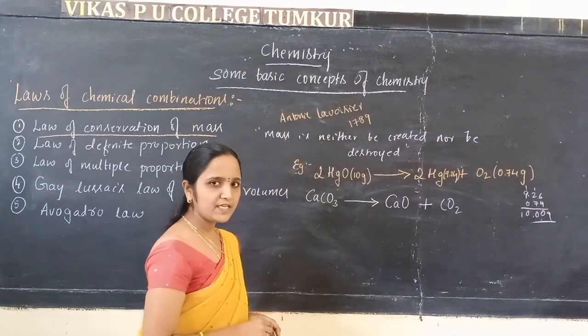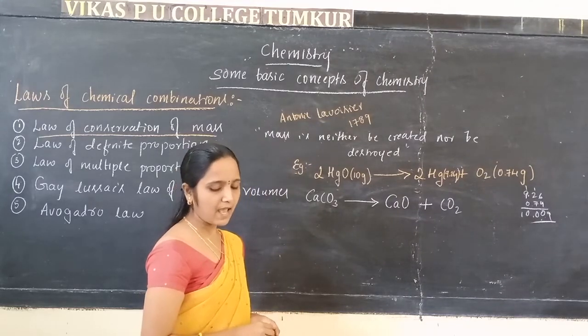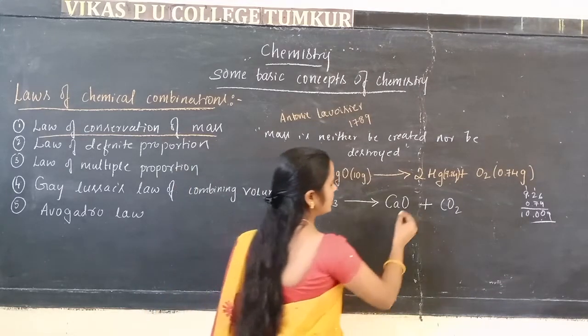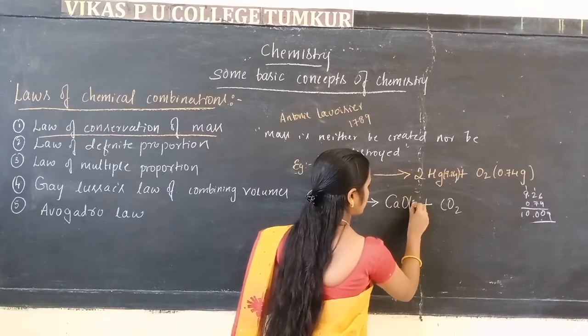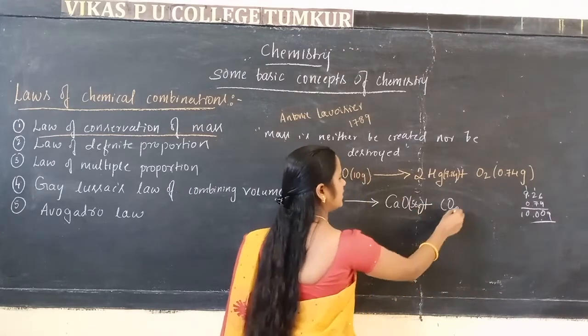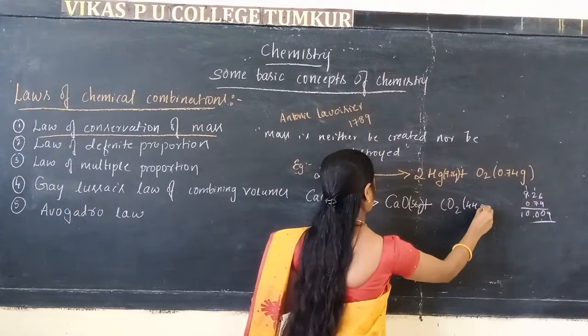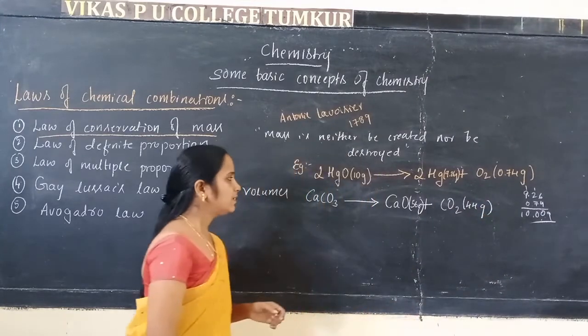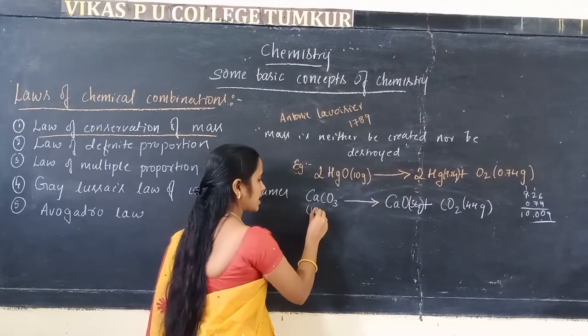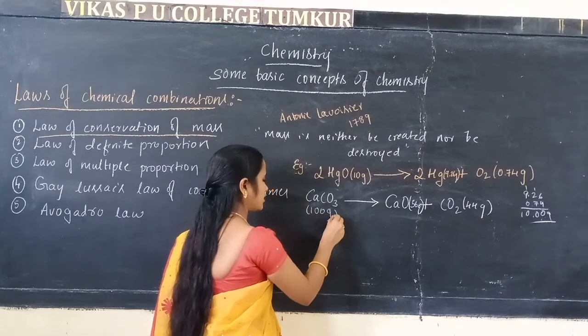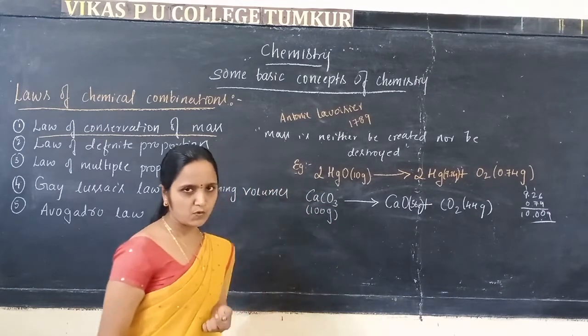Here 56 gram of calcium oxide is formed, and the remaining 44 gram is carbon dioxide. Suppose 100 gram of calcium carbonate is decomposed.